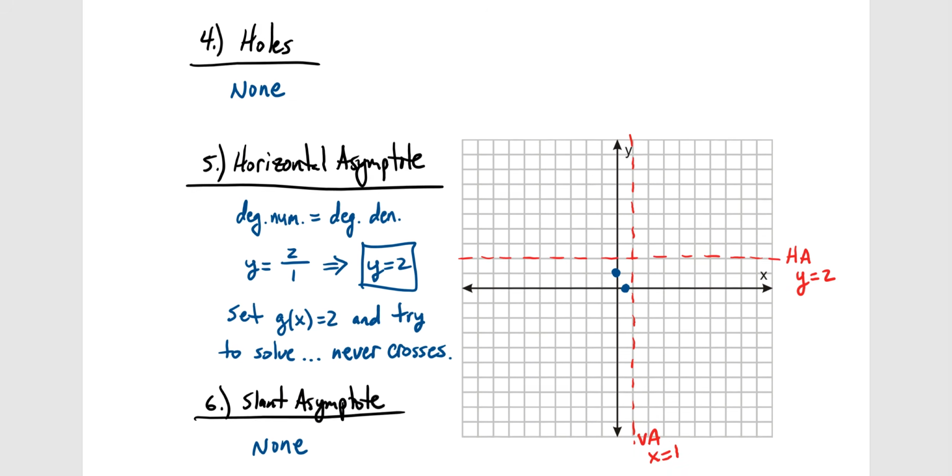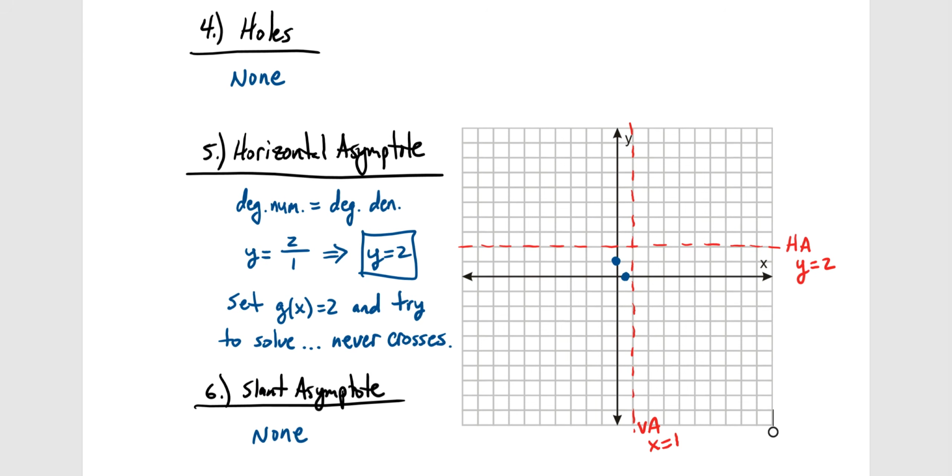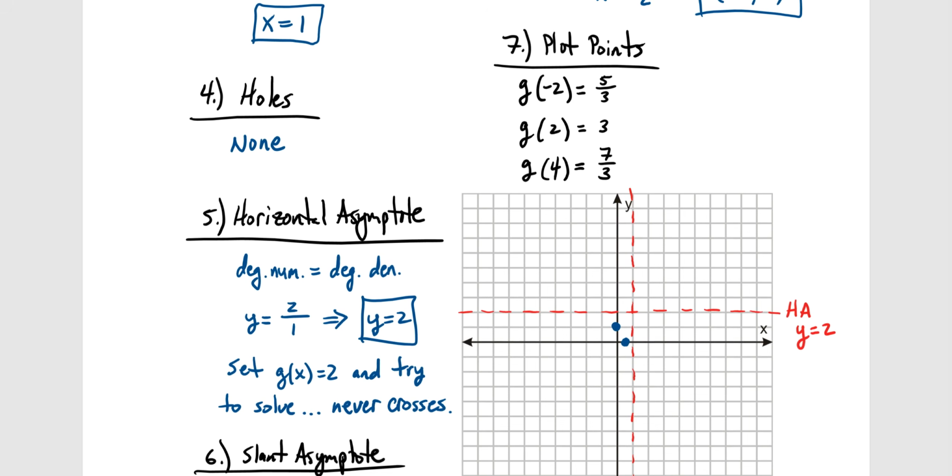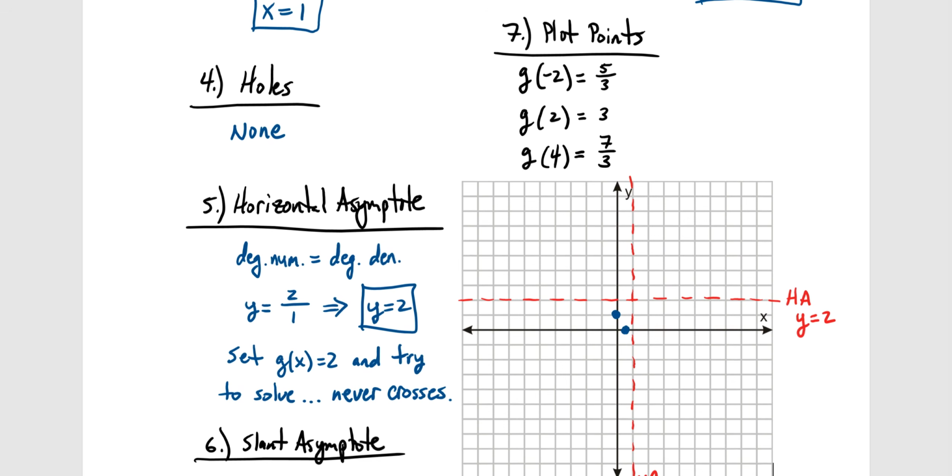So let's plot some points. We don't have any information on this whole side of the graph, so let's pick x coordinates over there and plug them into our function to see where the graph is, and maybe one more x coordinate over here. I chose -2, 2 and 4 to plug into the function, and I didn't show my work, I just evaluated it from the original function.